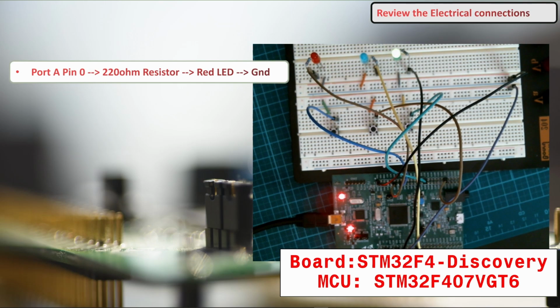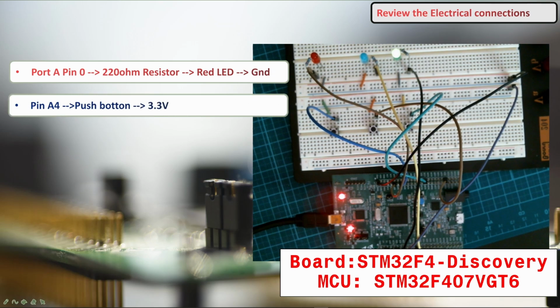First of all, we are going to connect port A pin 0, or PA0, with a 220 ohm resistor to a red LED, and that red LED will be connected to the ground. After that, we connect pin A4 to a push button, which will be connected to 3.3 volts.